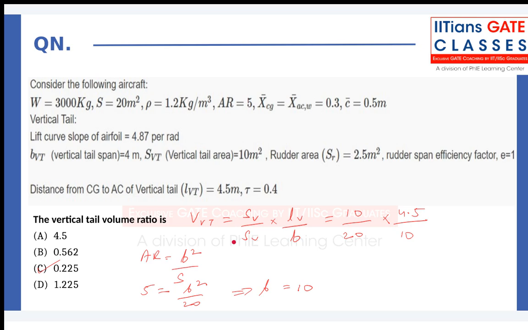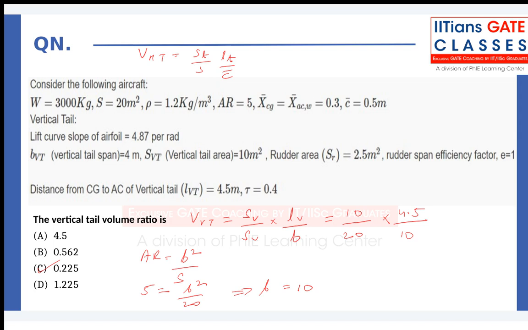When we derive the longitudinal stability equations, when we took the CM at CG, where did that C bar come into the picture for the horizontal tail volume ratio? We had ST by S, LT by C bar. It came from the half rho V square S C bar, right?